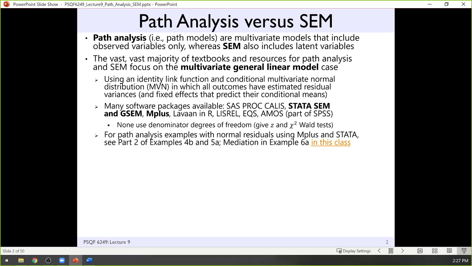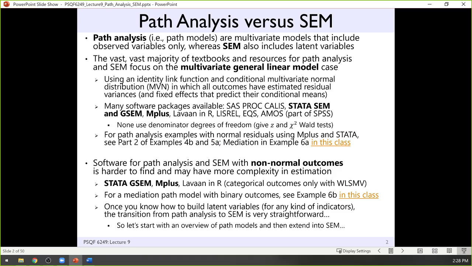So if you see this language, everything has to be normal, just know that it's conditional on what you're asking the package to do. I have examples of normal outcomes in those packages that have that, and software that allows you to have not normal outcomes. By that I mean link functions and alternative conditional distributions. So for instance, if it's not normal, what is it? Well, if you're predicting an outcome that's binary, it's using a Bernoulli distribution instead of a normal distribution.